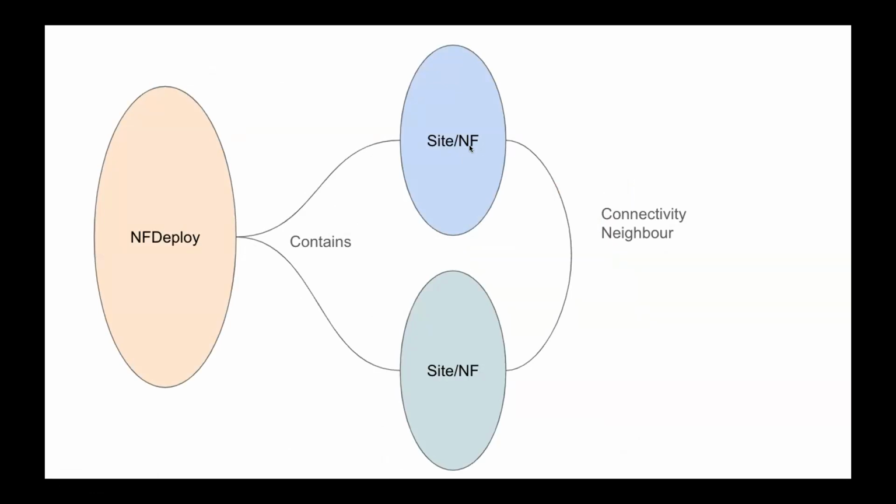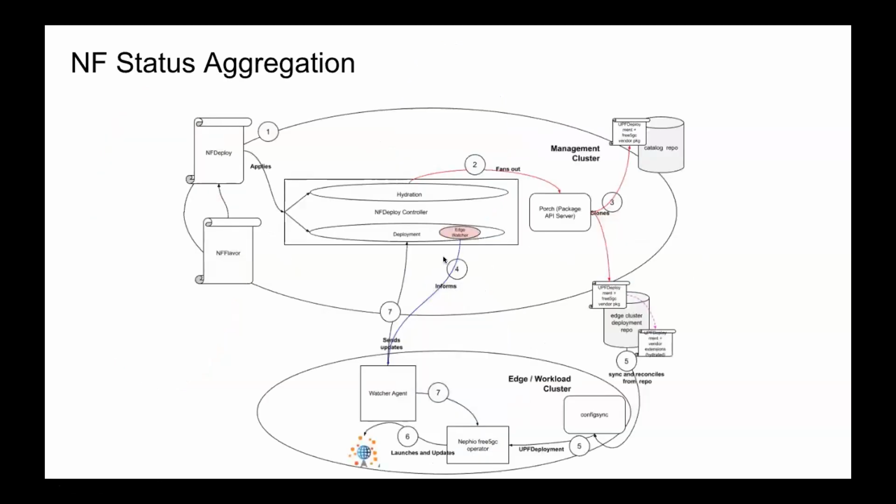And within the NF, we have the connectivity, which shows which NFs are neighbors to each other. When you deploy this NF deploy CR, this information gets decomposed, and a topology gets created at the operator, and once we receive the event from the edge watcher, it was getting marked as deployed or not deployed. So that was the code.